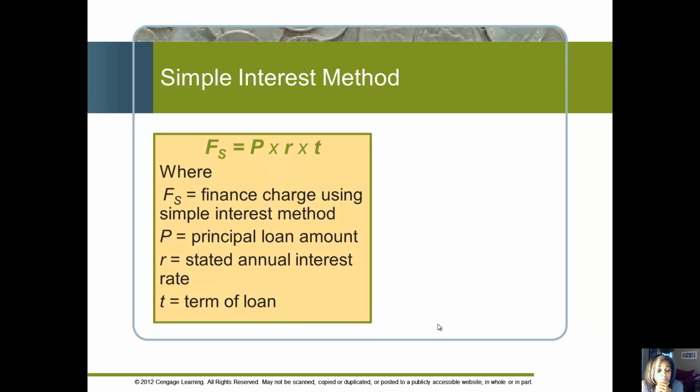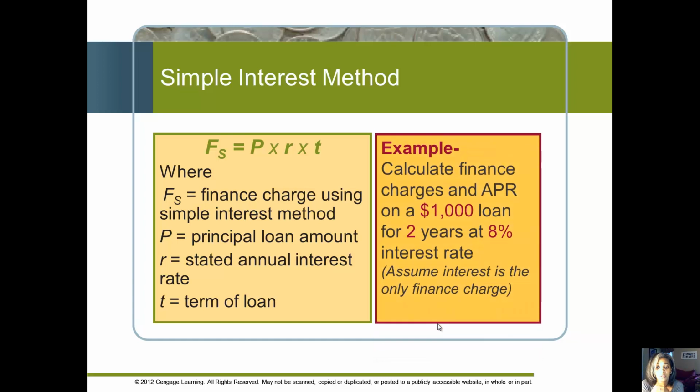So here's our formula. The finance charge that you calculate using this simple interest method is calculated by taking the principal times the interest rate times the term of the loan. So here's an example. If we have a $1,000 loan for 2 years at 8%, then what is our finance charge?